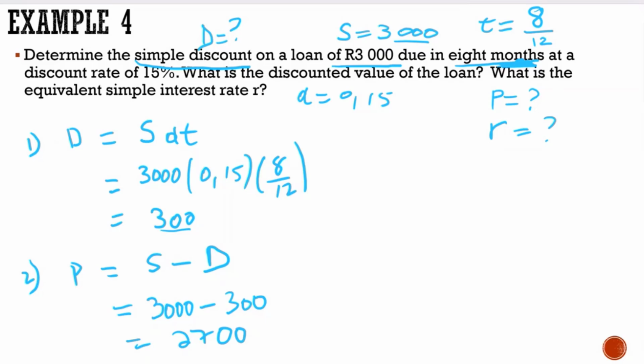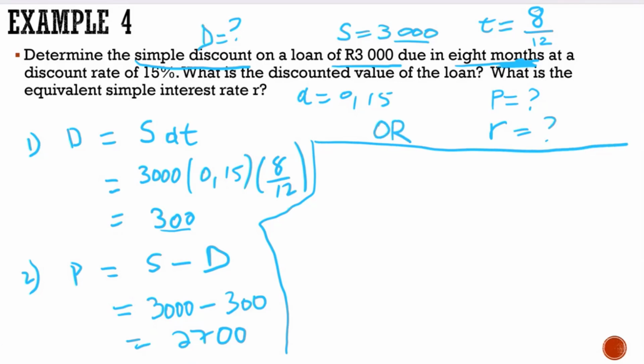When I'm doing these kinds of calculations, remember we've got different ways of thinking. We don't always think the same. Let's say you did not see it this way, you can say, okay, fine, I know the formula for the simple discount, that P is equal to S into 1 minus DT. That's another way.